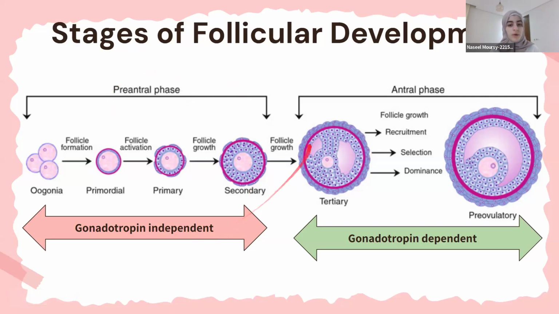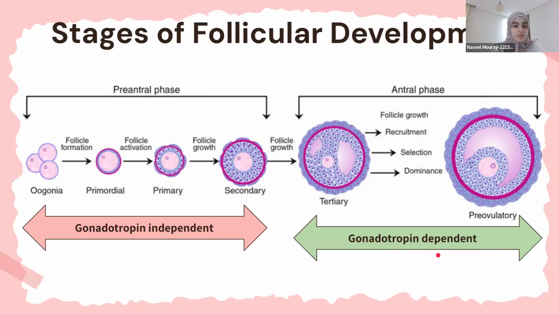Okay. However, once you start seeing the antrum, this means that this follicle is involved in this month's ovarian or menstrual cycle. And this is what goes into ovulation, the maturation we see in 14 days. Now this one is dependent on FSH and LH, so it is gonadotropin dependent, okay?